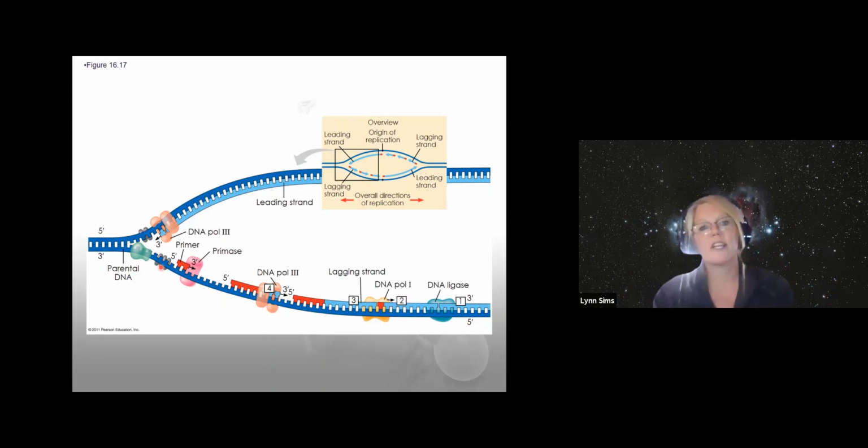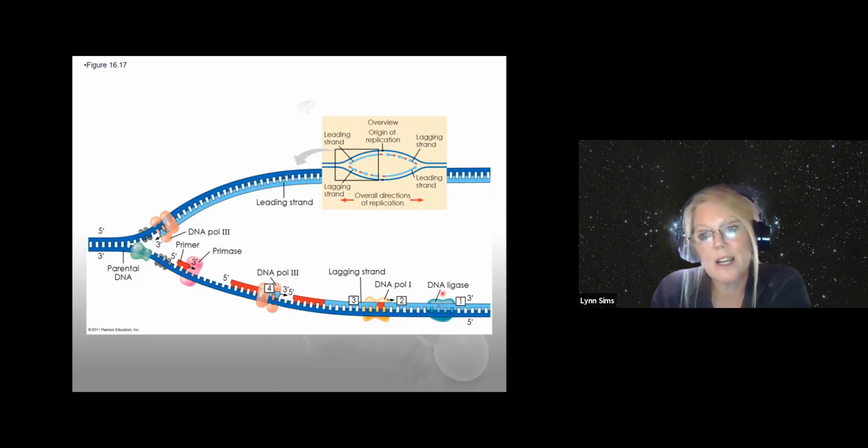We can see that the lagging strand is being synthesized. Up here, primer number 1 or Okazaki fragment number 1 is complete. The primer is already removed. DNA polymerase 1 already replaced that with DNA. And now ligase is coming in to connect that gap right there. Here, DNA polymerase 1 is in the process of removing the RNA primer and replacing it with DNA bases.